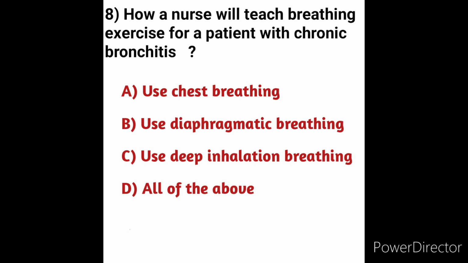Place one hand on the stomach just below the ribs and place the other hand on the chest bone in the middle of the chest. Breathe in slowly. Ask the patient to breathe slowly through the nose, taking as deep a breath as they can.